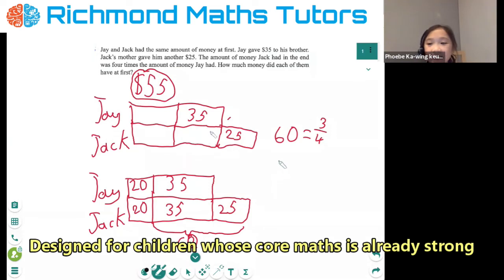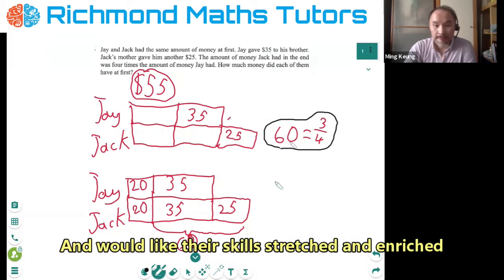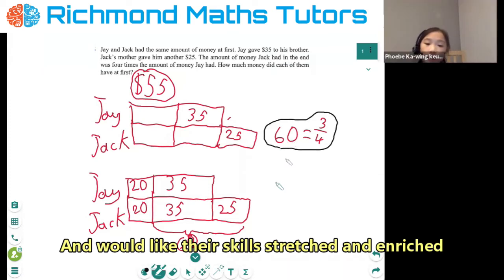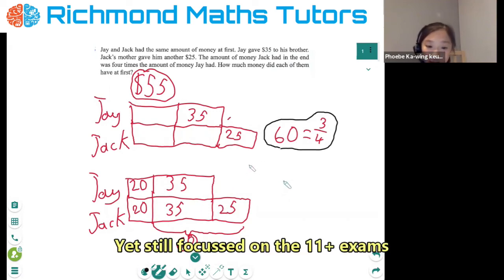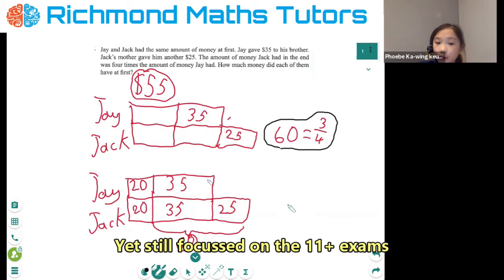Can I just ask, when you wrote down this 60 equals 3/4, why did you write this down? Well, it's to make sure I remember that all this stuff is 60, because one of them is not just 1/4.